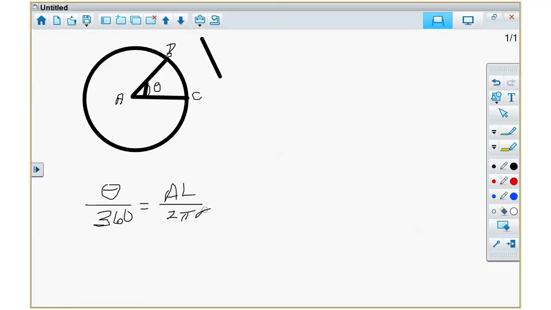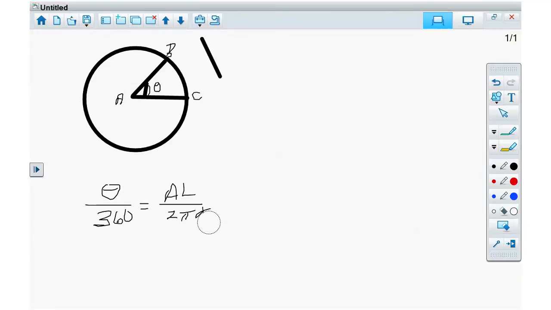Now, where do you recognize 2 pi r from? Circumference.